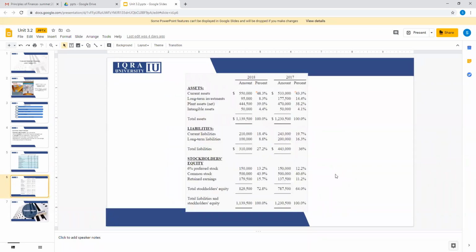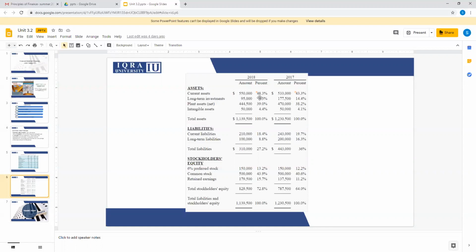Okay, now this is a balance sheet. I've taken this balance sheet from Google, it is of some company. So what you do in the balance sheet again, and this is again a comparative common size analysis, you can see here the percentage of the current asset in the total asset.